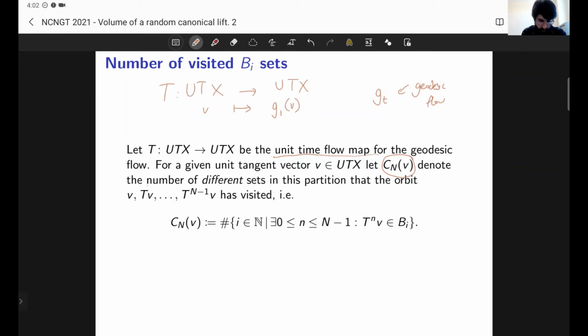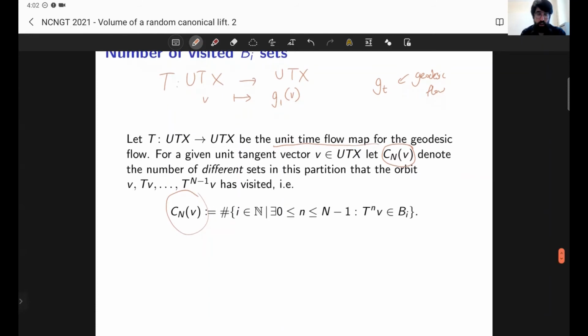You get n different points in the unit tangent bundle, and among those, you want to see how many correspond to different B_i sets. So how many different B_i sets have you visited as you've moved from point v to point T^(n-1)(v)? Okay, so we define this set C_n(v) in this way.